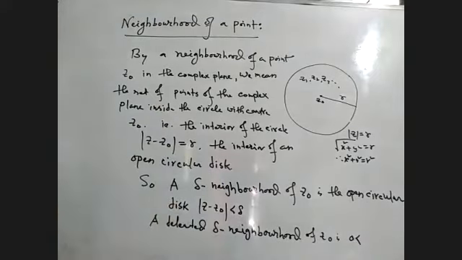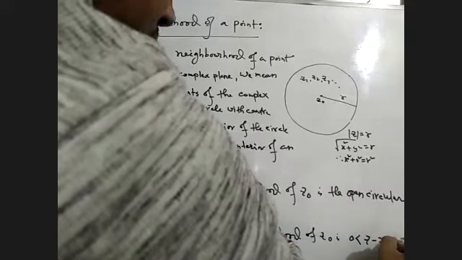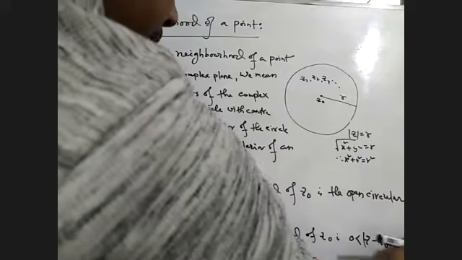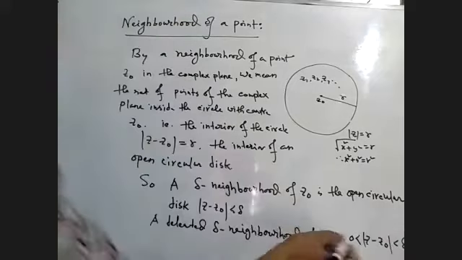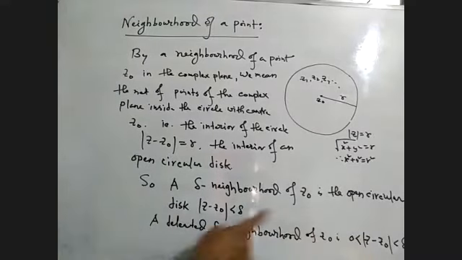The origin will be deleted. Then modulus of z minus z naught less than, sorry, del. This will be denoted by deleted del neighborhood, and this is the del neighborhood. So this is actually the definition of a neighborhood of a point z naught in the complex plane.